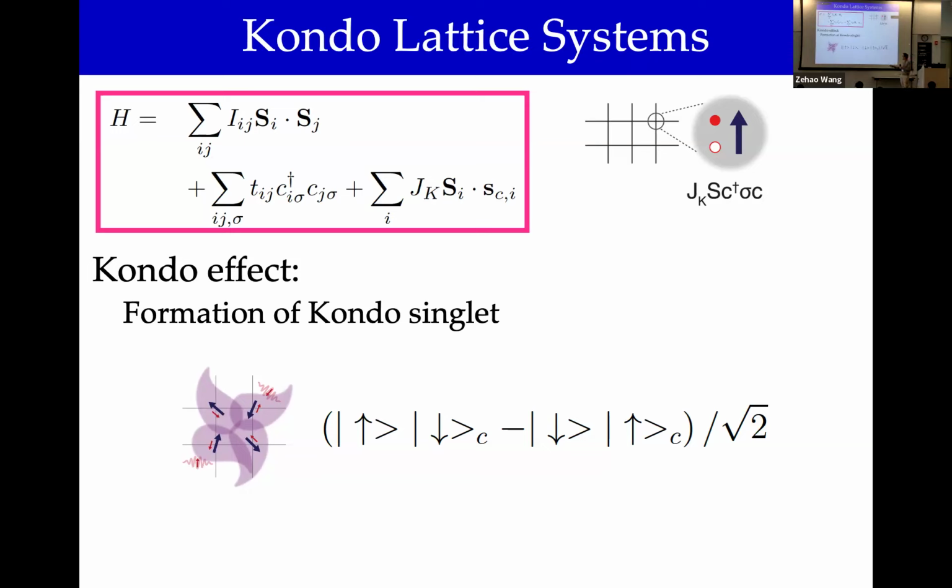I'm not going to write down a wave function, but this picture describes the lattice version of that, where you have a stack of localized moments, the quantum magnetism of it. You have these mobile electrons, which are these waves, and this small arrow represents the spin, and they form a singlet.